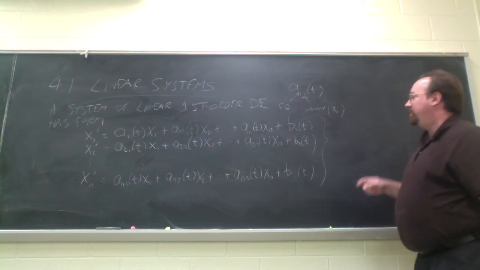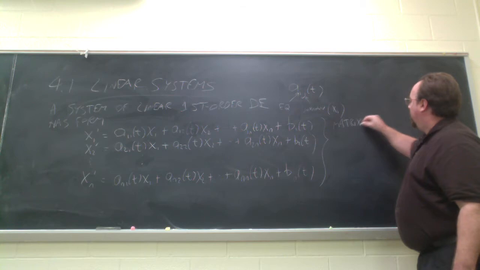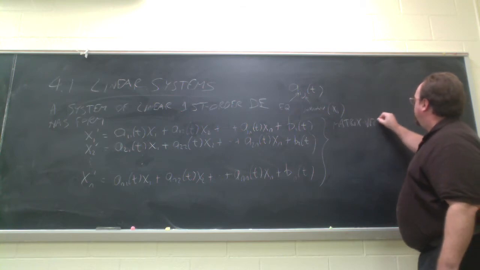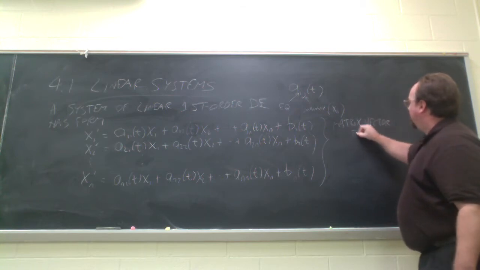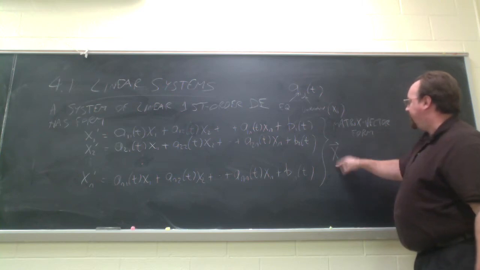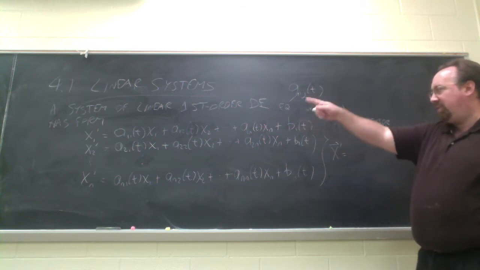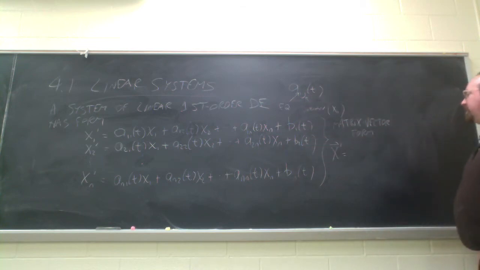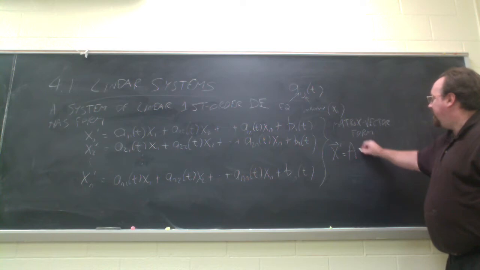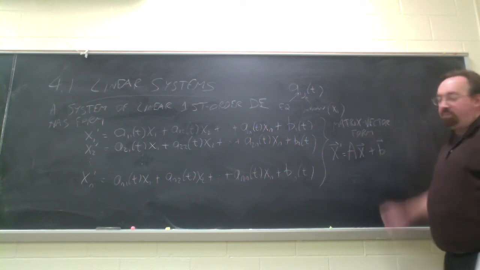So what we normally do is write this in matrix vector form, or simply matrix form. So we have a vector x prime that has the components x1 prime, x2 prime, down to xn prime, equal to A times x plus b.